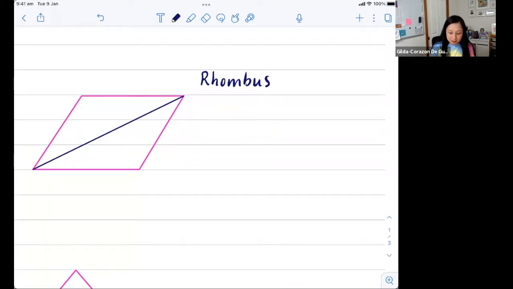In this case, because this is a rhombus, we know the properties of a rhombus, that it would have an axis of symmetry. The diagonal is actually your axis of symmetry there, right? So that the area here would just be the same as the area there, right?